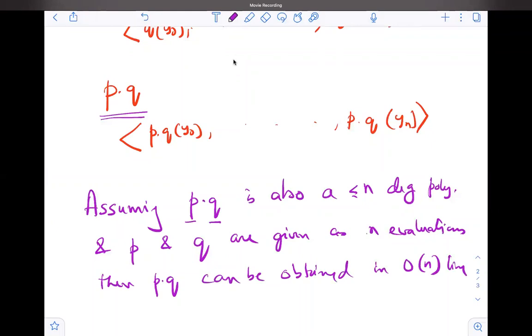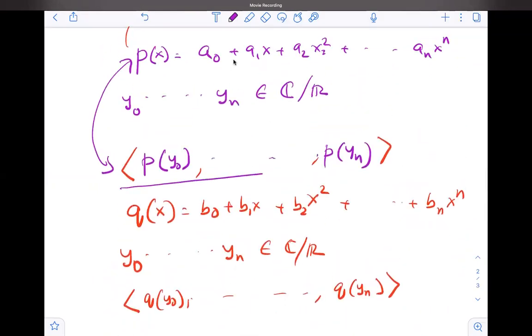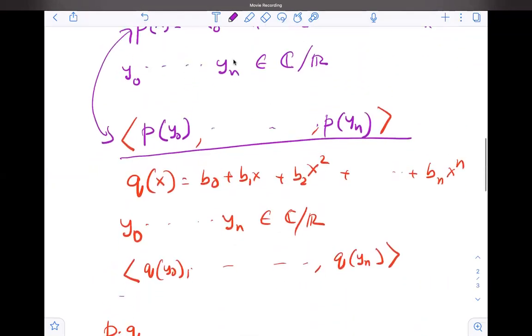So if p and q are given as these polynomials like this, then we are done.